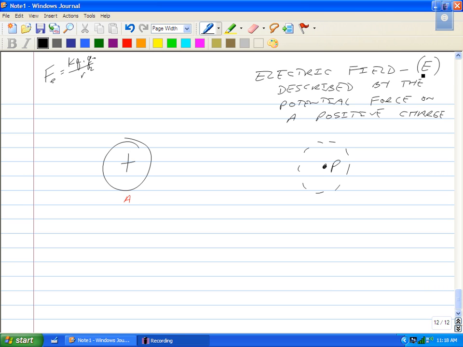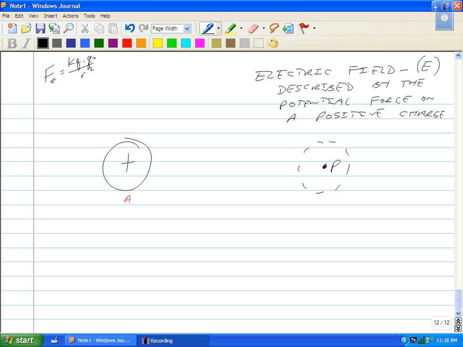So the field at point P is directed in which direction? Well, if it's described by the potential force on a positive charge, if I plop a positive charge down at point P, it's going to be pushed away to the right. So the field at point P is directed to the right.